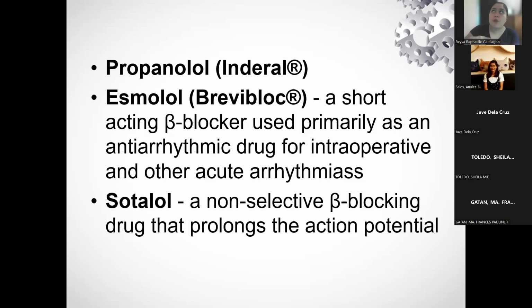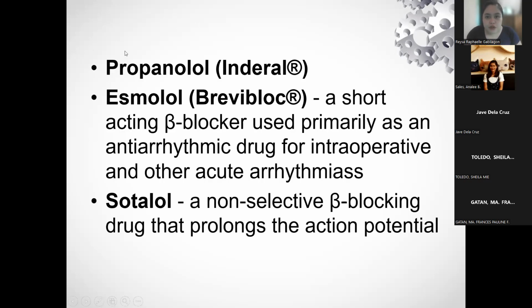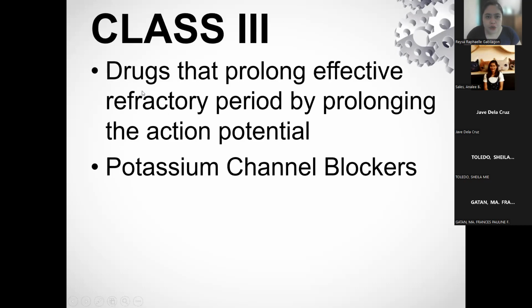Remember the waves there, the rise, the sudden drop, and then the plateau. The time of that will be prolonged, the formation of the impulse. Okay? So let's not dig deeper into the beta blockers since we are done with that, the drugs are repetitive already. Let's move on to class 3.